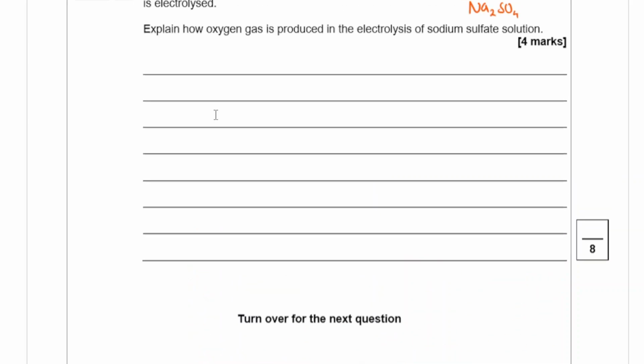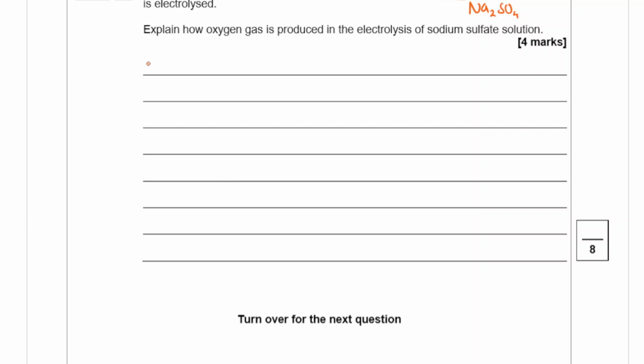So the answer: water molecules dissociates, which is a better word than breaks down, to produce OH minus ions and H plus ions.